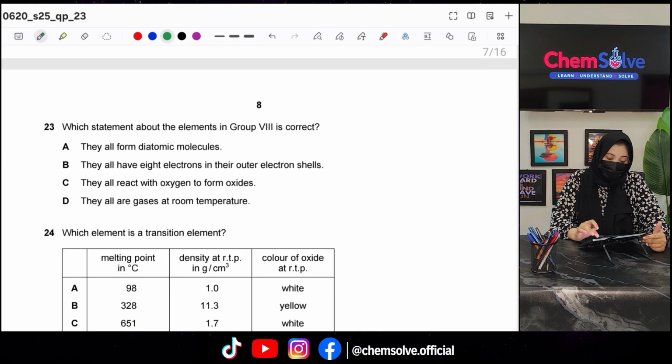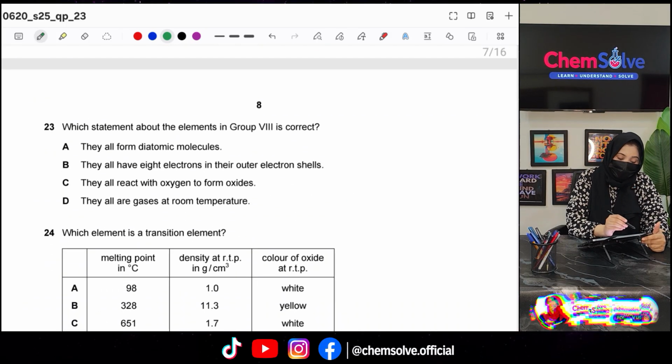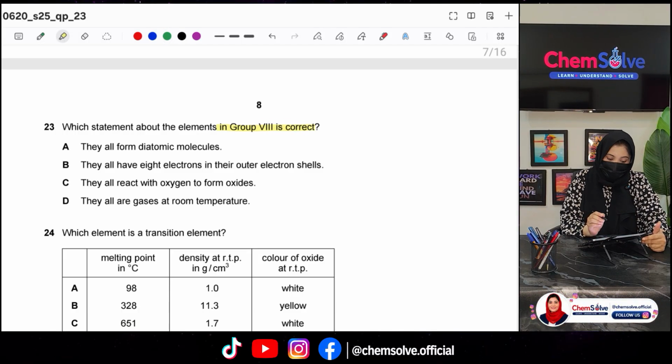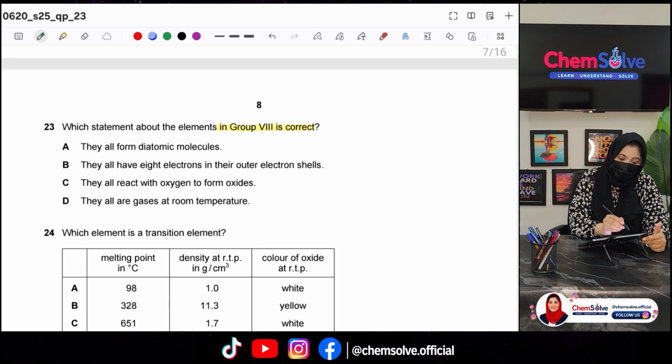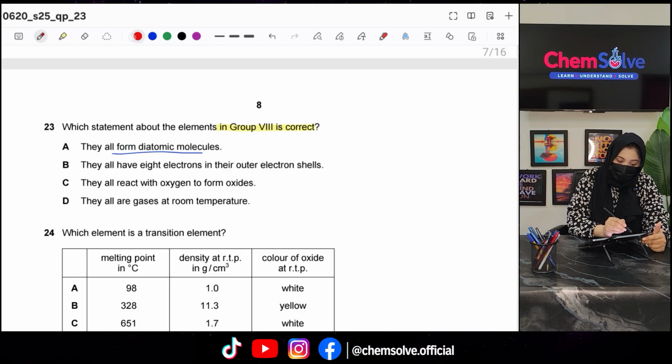Question number 23. Which statement about group 8 is correct? They all form diatomic molecules. Of course not. Instead, they form monoatomic molecules.